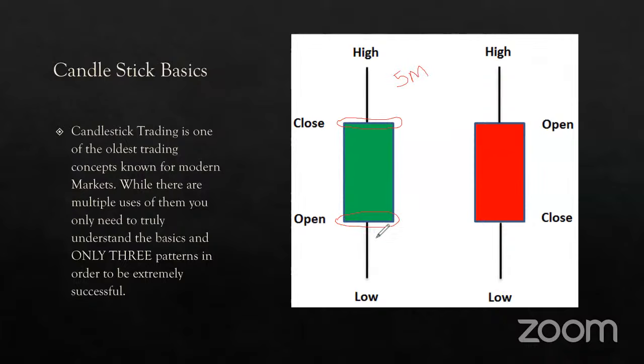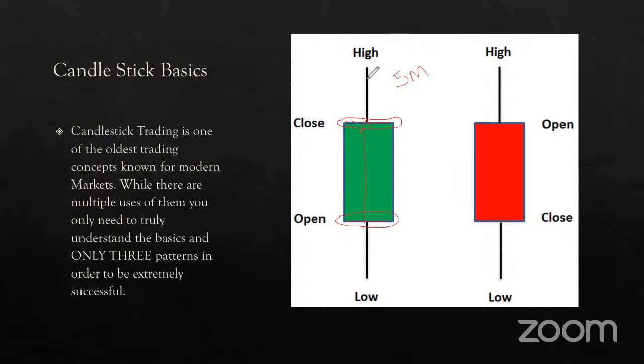So at the start of my 5-minute timer, price opened up here. And at the end of 5 minutes, price closed here. So we started here and we moved higher and closed higher. Your opening price is always at the base of the candle, and your close price is at the top of the body.